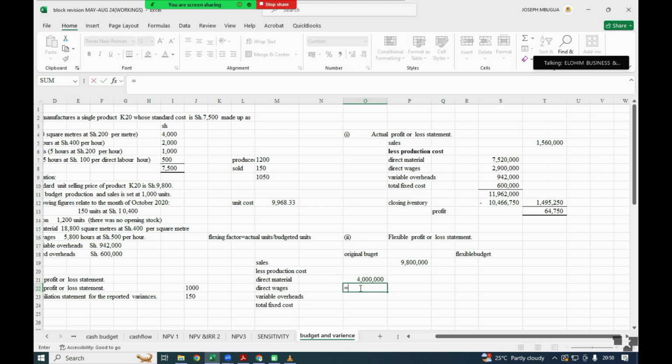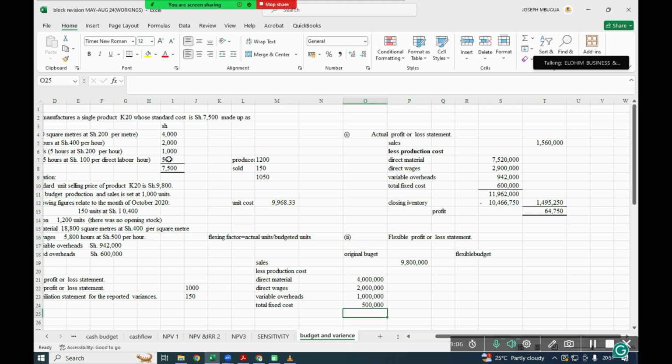Then the wages 1000, and each one at 2000, and the variable 1000, and each one at 1000 million, and the fixed 1000, and each unit at 500. So that you get that this is our production cost, the original one.